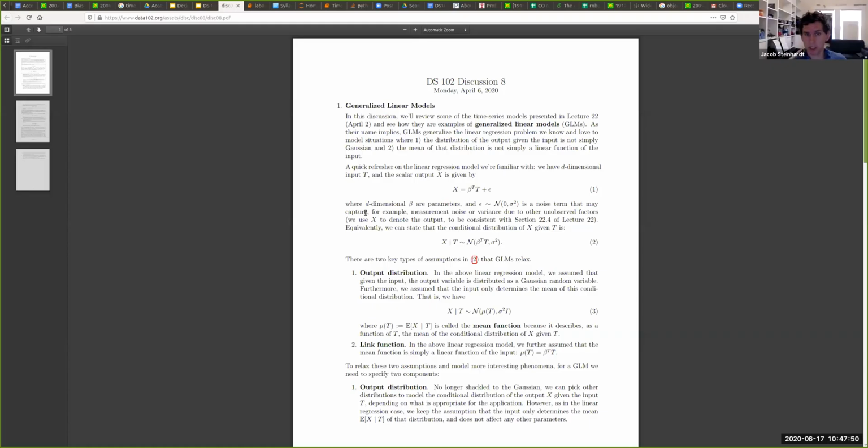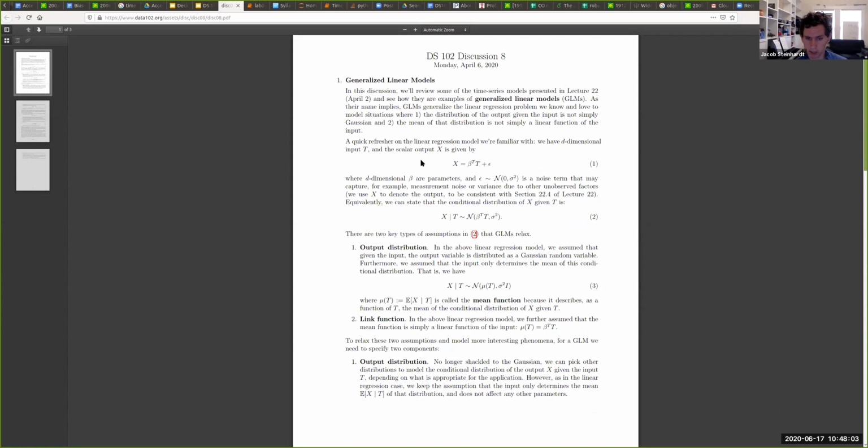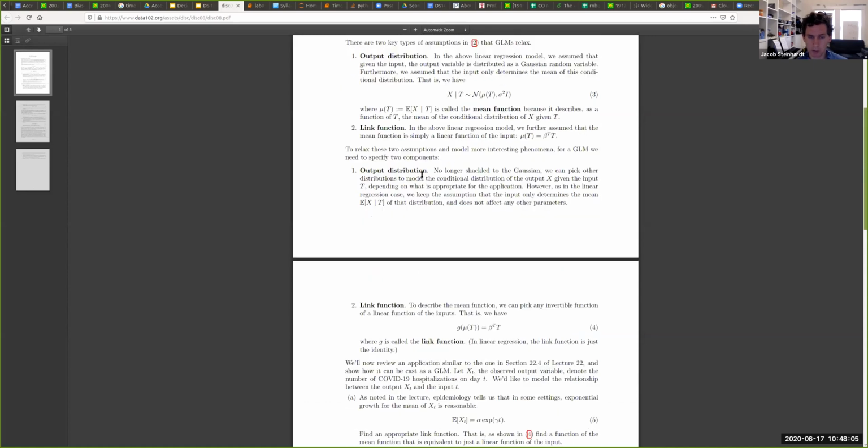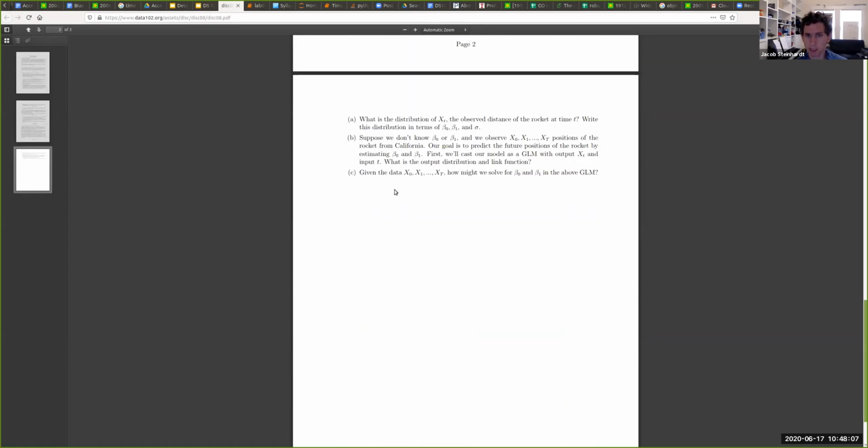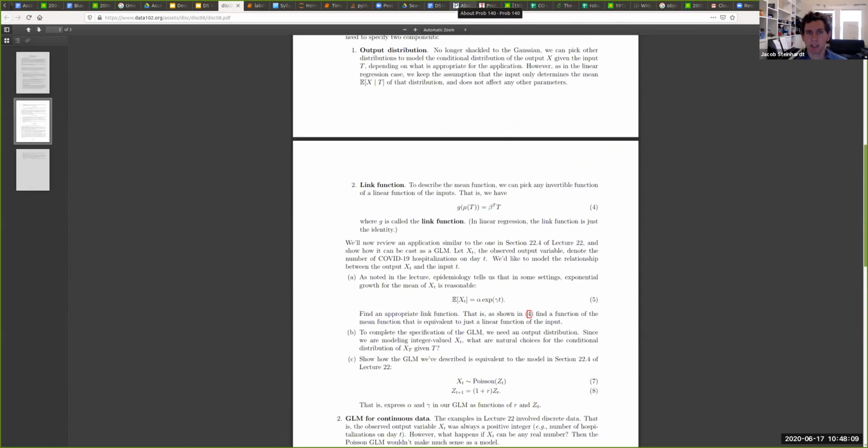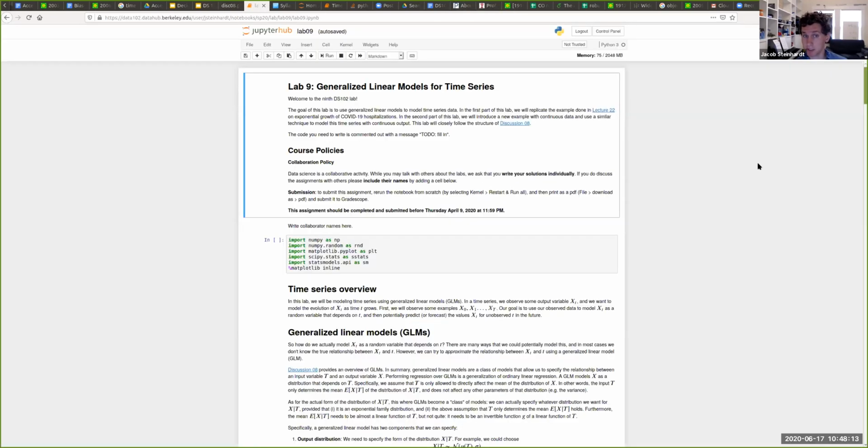So the next Monday, we had our discussion section on generalized linear models, which are needed for doing a lot of the time series modeling. So the TAs went over a lot of these ideas. And then on Wednesday's lab, we had a lab on using generalized linear models for time series modeling.